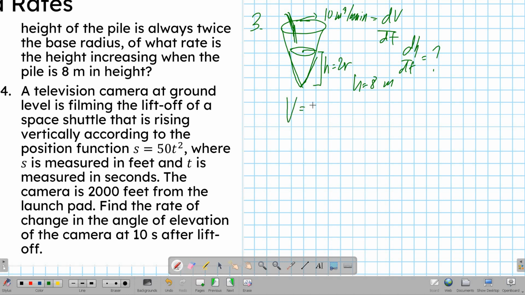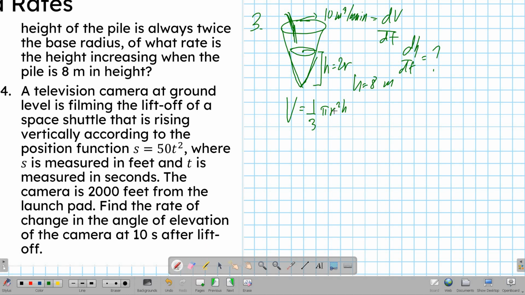The volume of our cone would be 1/3 pi r squared h. We have to be very careful here because at this point we have 3 variables, V, r, and h. Most of the time we only have to work with 2.